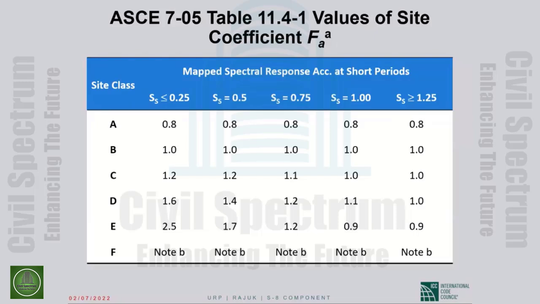BNBC has one soil factor S. AC7 has two site coefficients, F sub A, short period. The sub A is acceleration related. That means it is a short period.